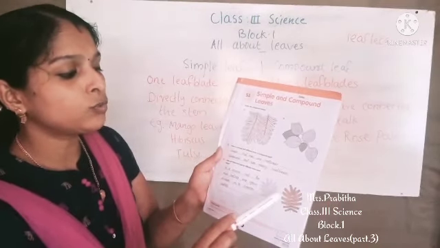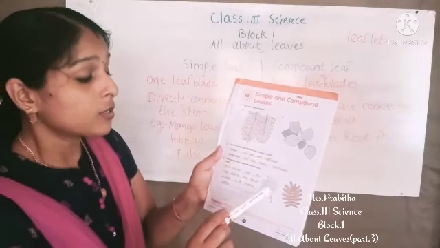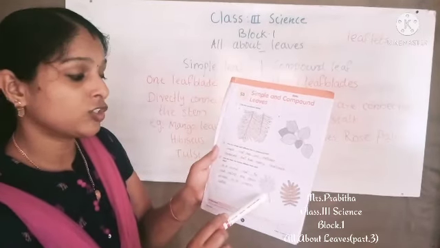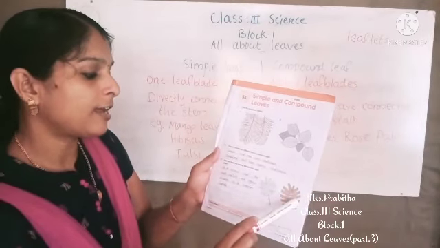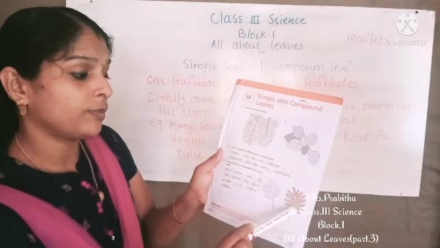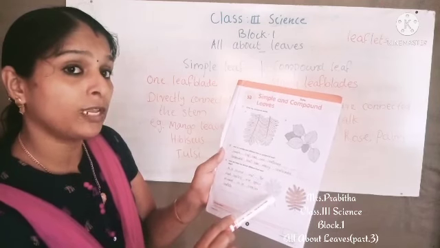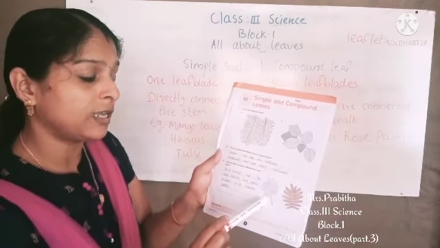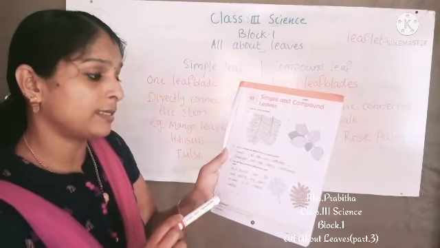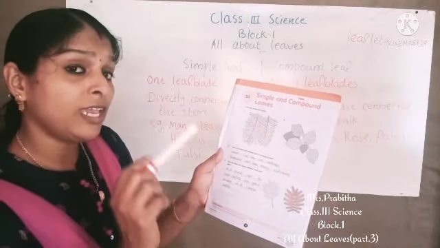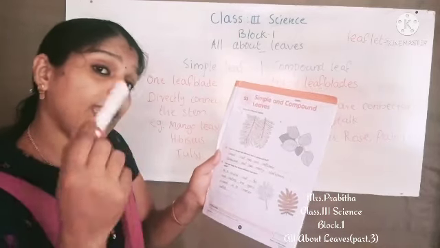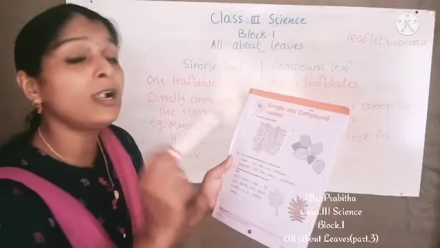You can find these two are compound leaves, right? So how are they different from each other, children? Yes, we already told that the small leaves in a compound leaf are called leaflets, we studied. So in the second picture you can see each leaflet is again divided into small leaflets.